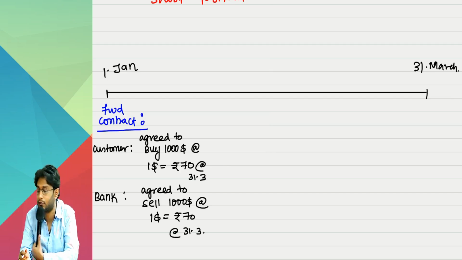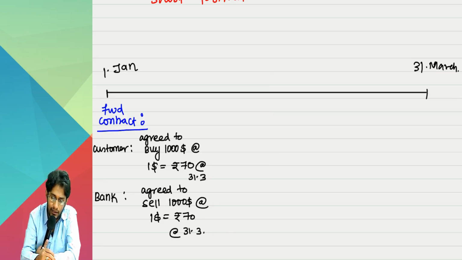So this contract is going to be settled at the end of March, but the contract is entered on 1st of January. Price is already frozen. Customer is a buyer, banker is a seller of dollar. Ideally, this contract will be executed on 31st March.